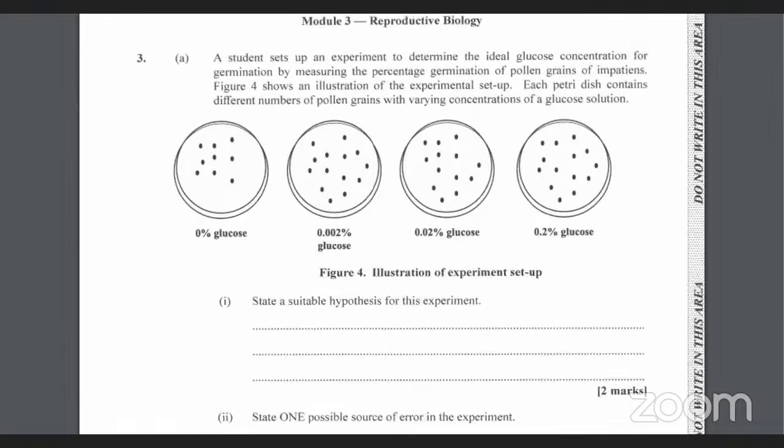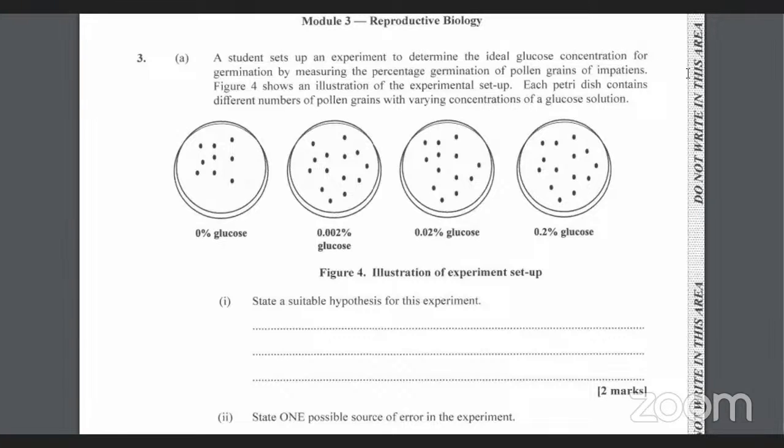Take the suitable hypothesis. So this one was concerning germination. So a student sets up an experiment to determine the ideal glucose concentration for germination by measuring the percentage germination of pollen grains.